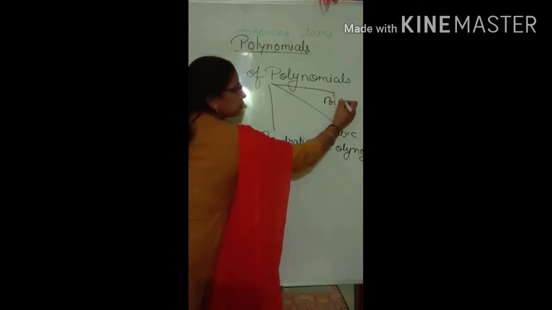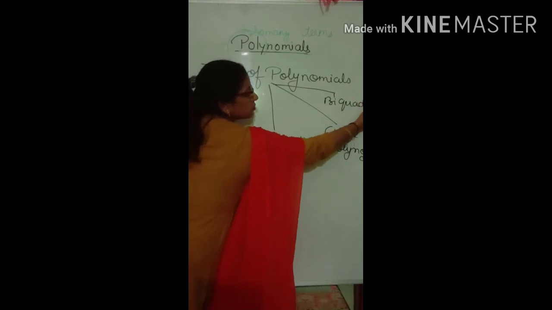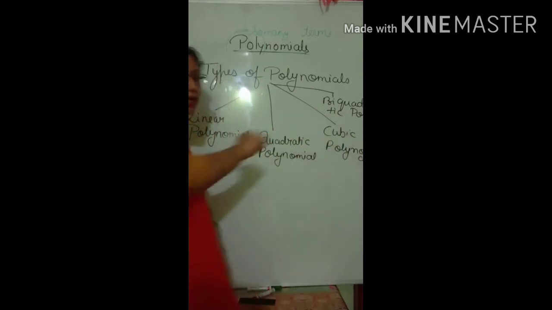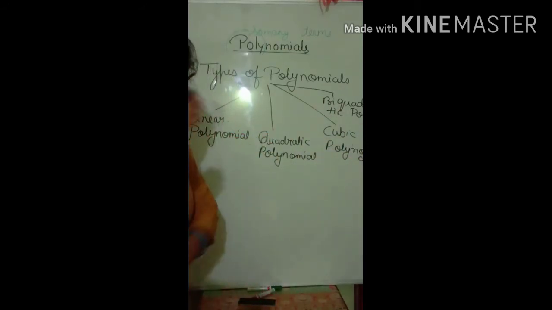Biquadratic polynomials, and up to so on. So how are we saying which type of polynomial these are? See, very first, polynomials are of these types.